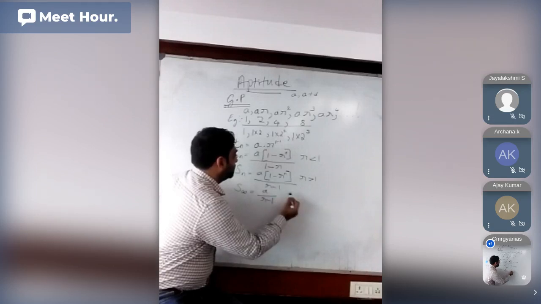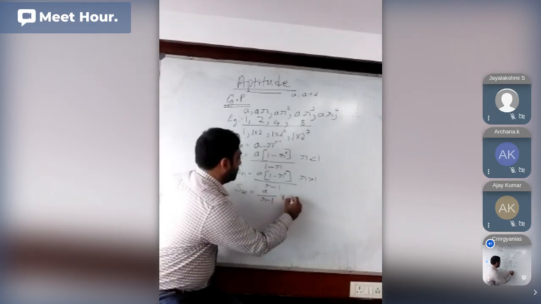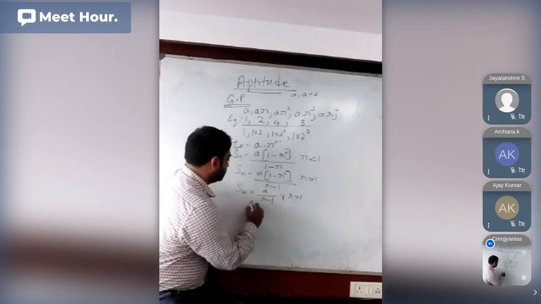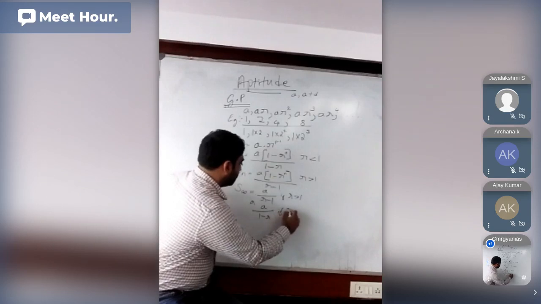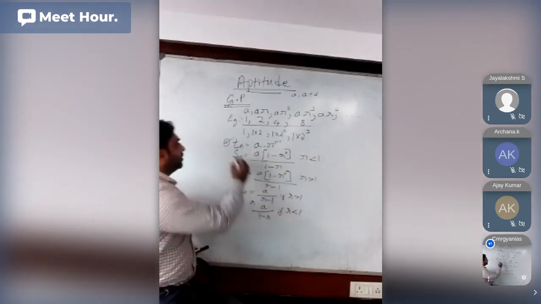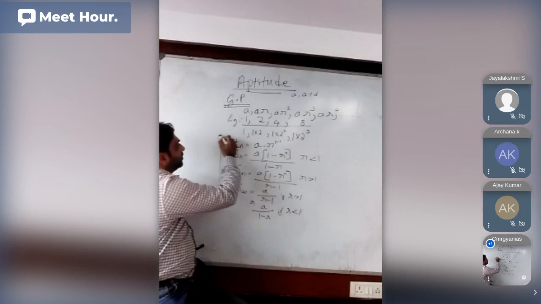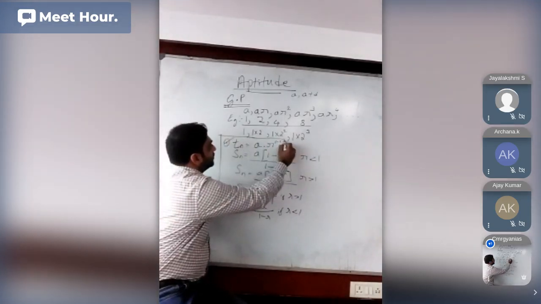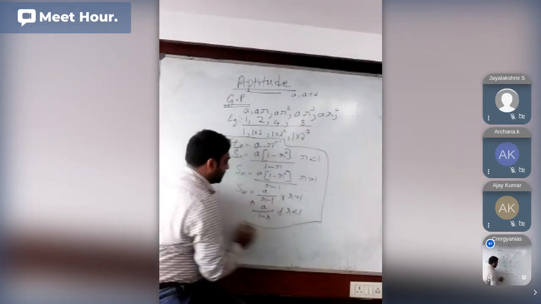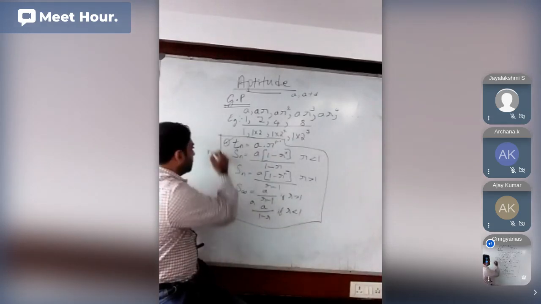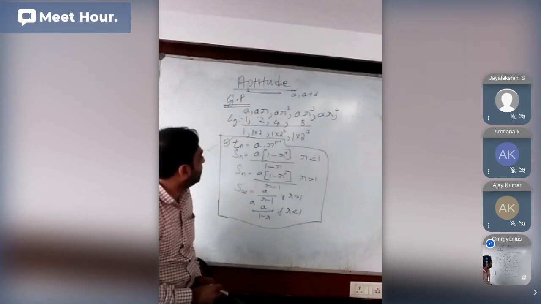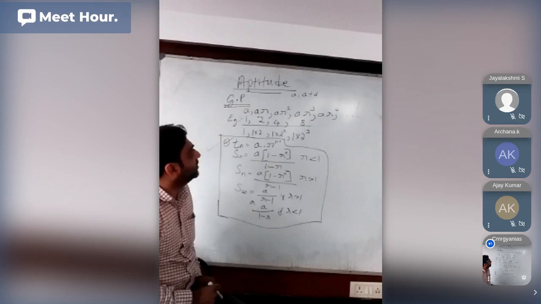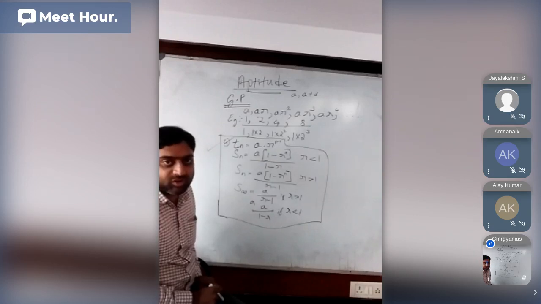That is, this is again if r is greater than 1, or a divided by 1 minus r if r lesser than 1. So you have to remember these formulas compulsorily.